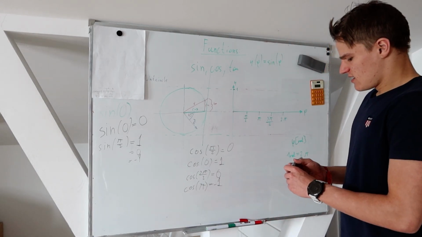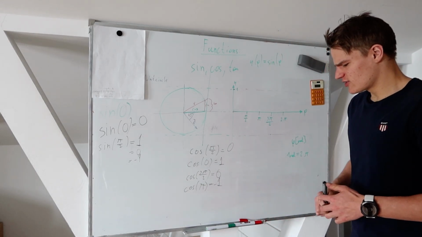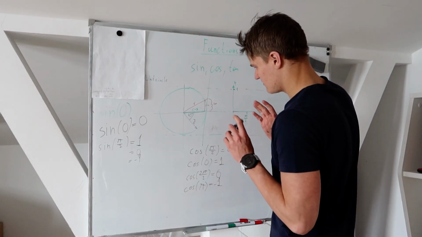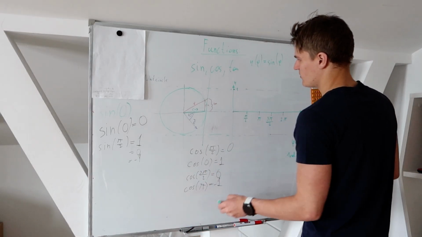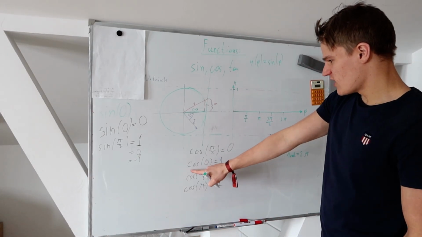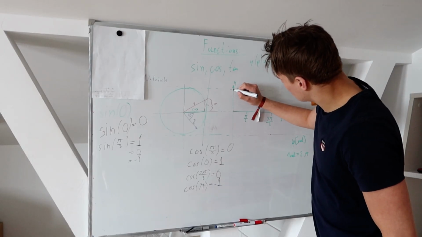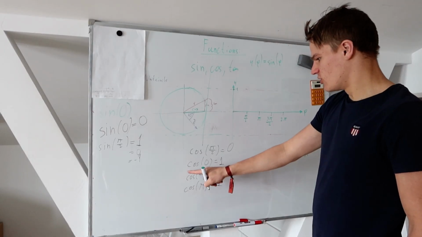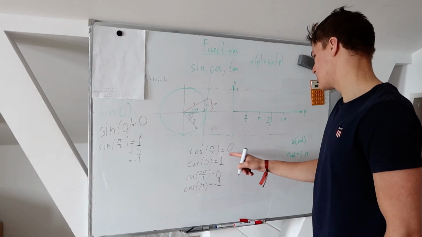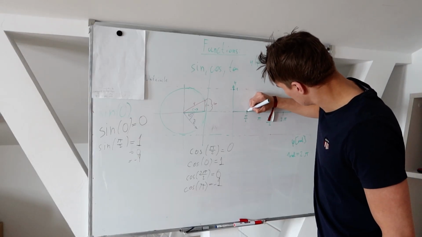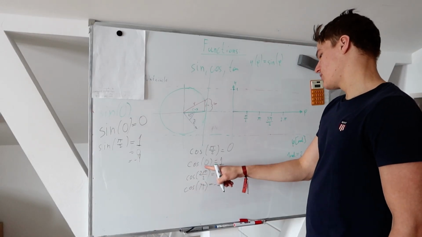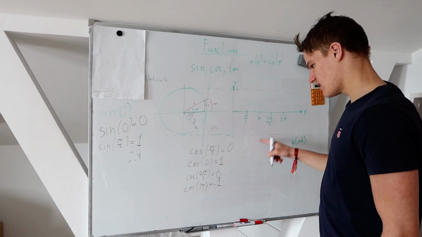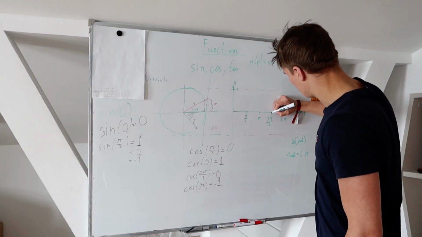Good. So what are we actually seeing? Well, let's not get ahead of ourselves. Let's actually put this in here. So cosine of 0 is 1, okay. Point here. Cosine of pi over 2 is 0, okay, that's interesting. Cosine of 3 pi over 2 is 0, okay.